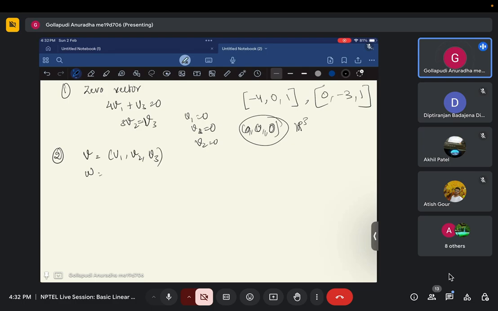Suppose I'm taking two vectors and just checking whether the linear combination is working or not. I want to check whether this condition is satisfied, because it's mentioned that 4v1 is equal to minus v3.